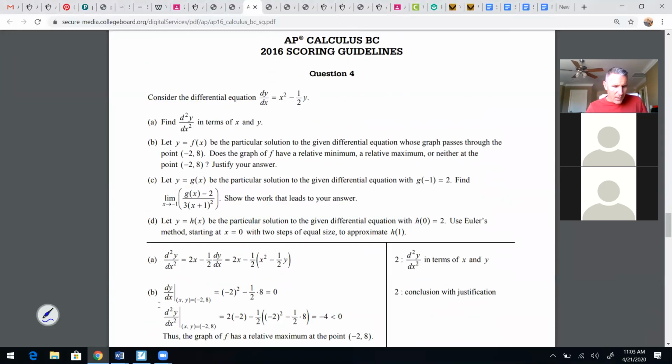And for B, dy/dx evaluated when x equals -2 and y equals 8 is equal to 0, and the second derivative is equal to -4, which is less than 0. Therefore, f has a relative max at the point. Does that make sense to you guys so far?